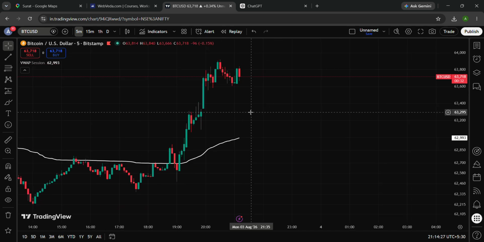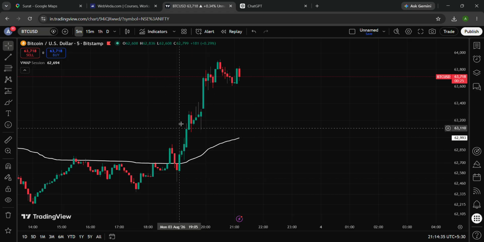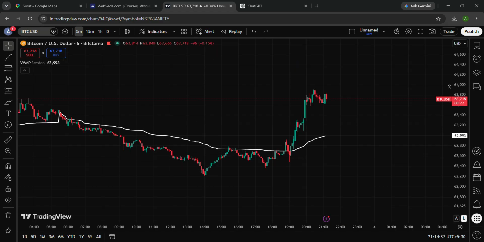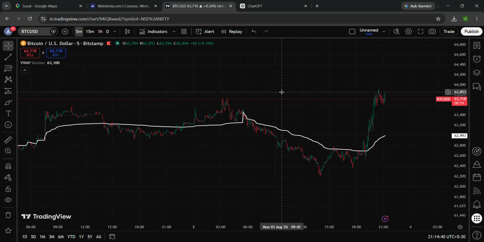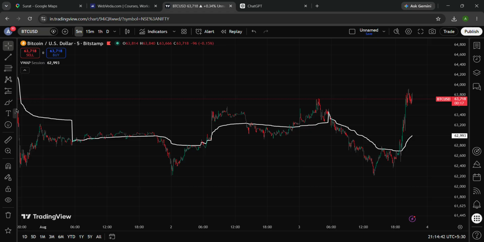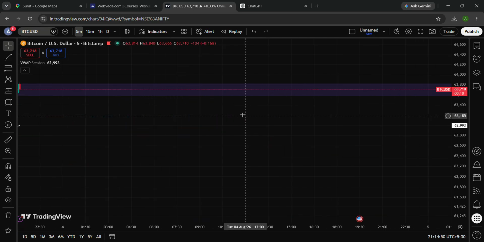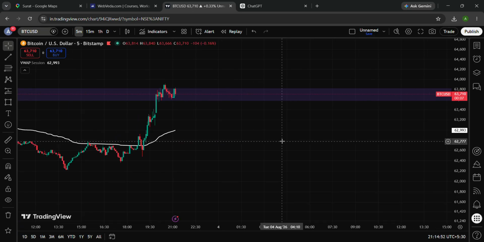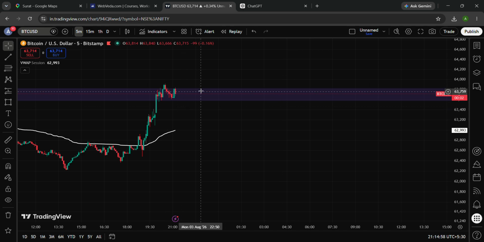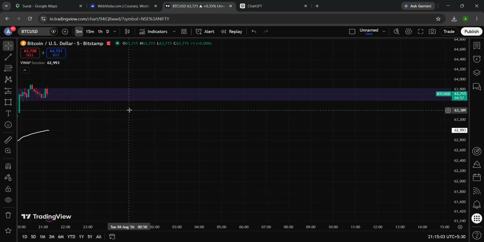I know most traders and most analysts will disagree that this is a potential breakout. If you trade on support and resistance levels, this is a potential resistance level for us, and price is at the resistance level. So it could be possible that price breaks the resistance level, but that is also not happening.